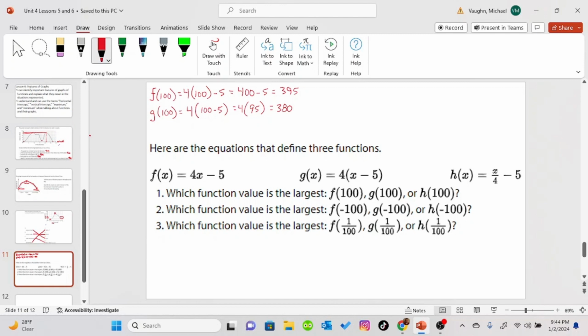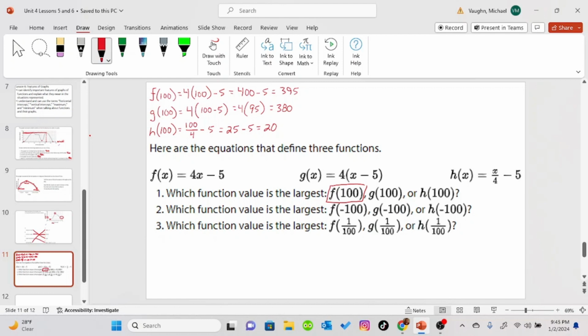And finally, h of 100 equals 100 divided by 4 minus 5, which equals 25 minus 5, which equals 20. So which function value is the largest? That would be f of 100, because it equals 395 versus 380 for g of 100 and 20 for h of 100.